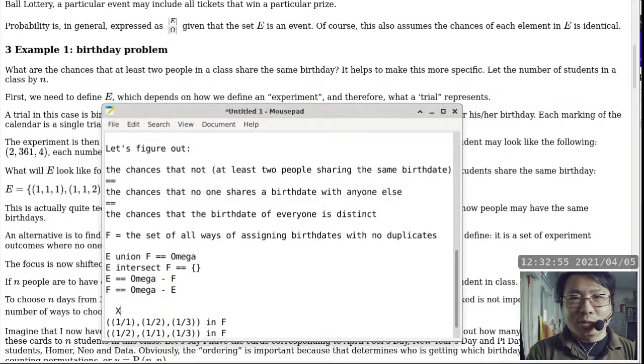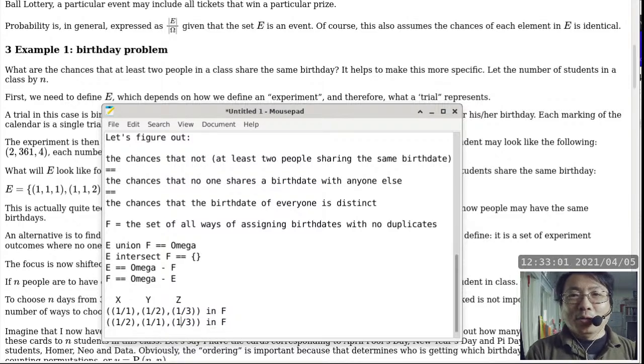So we got student X, student Y, and student Z. What these 2 elements in F are really expressing: in the first one, student X is born on January 1st, student Y is born on the 2nd of January, and student Z is born on the 3rd of January.